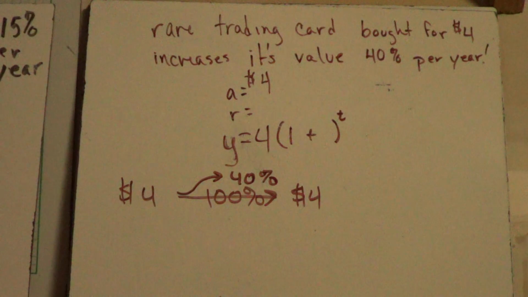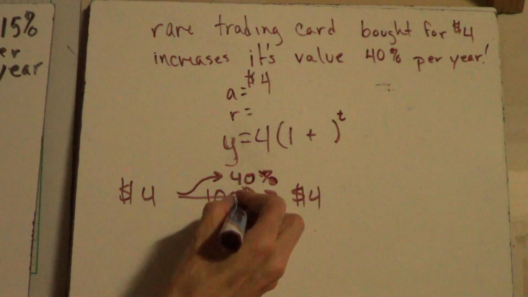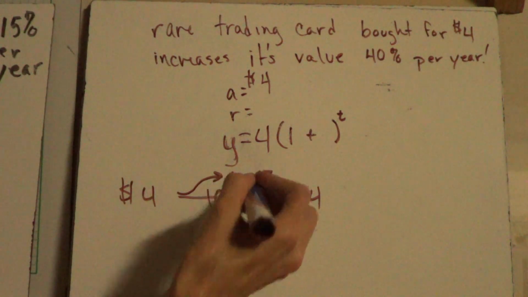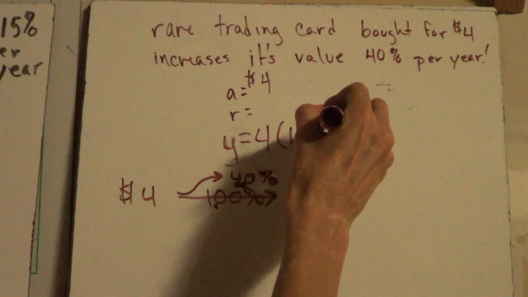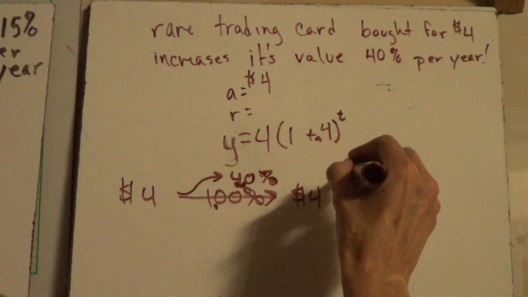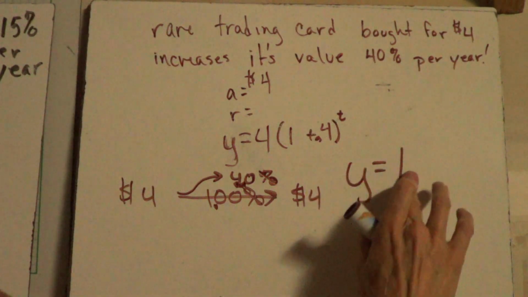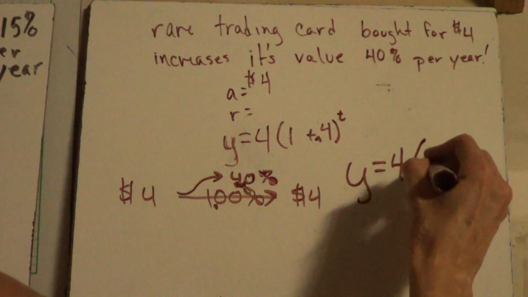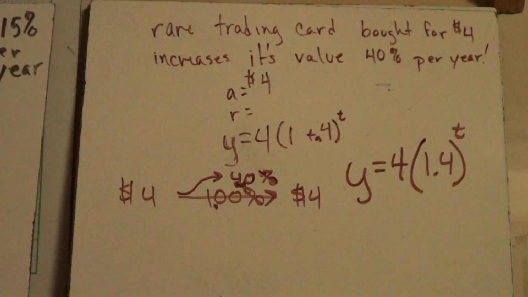If we switch them back to decimals, wipe out the percents, move the decimal over, it would be 1 plus 0.40 or 0.4. And so we have y equals 4 times 1.4 to the t.